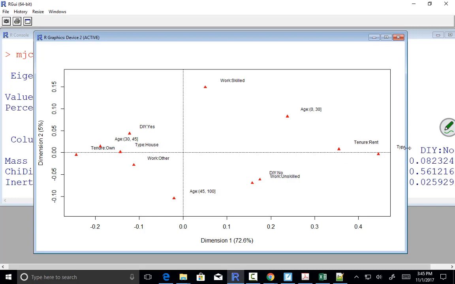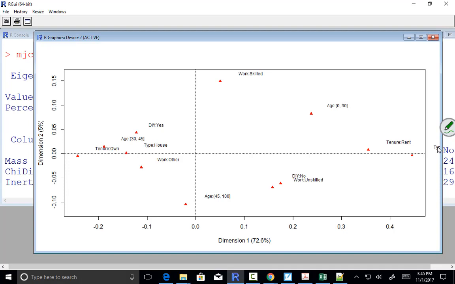On the other side of the picture, this guy is cut off, but I think this is type apartment. The type variable is what type of home. Is it a single-family house or is it an apartment? Over on the far right, we have a grouping, apartment together with rent.